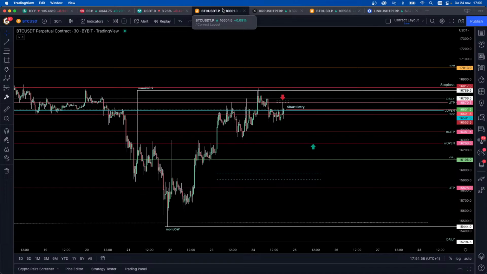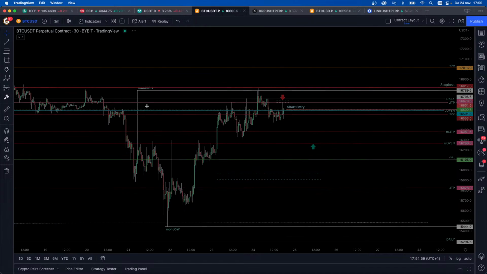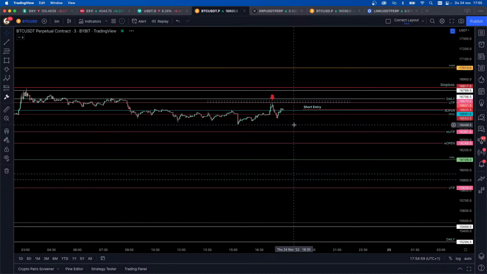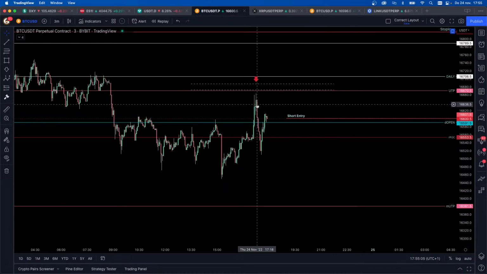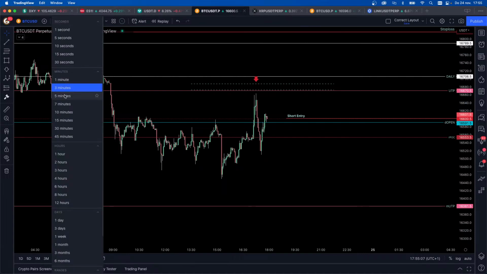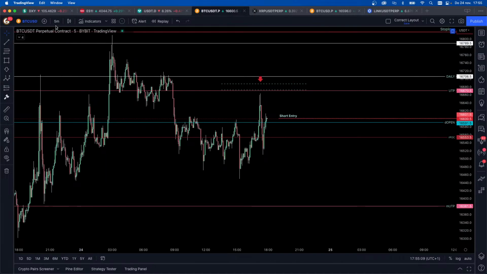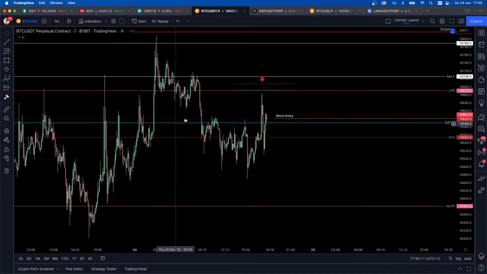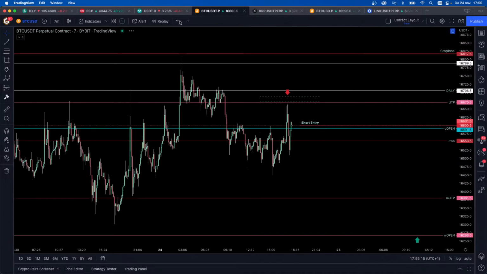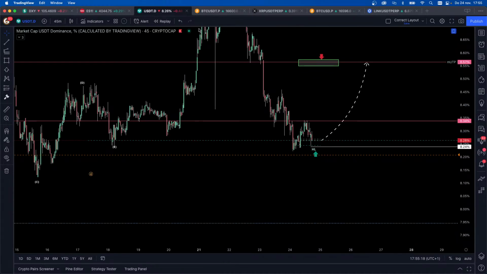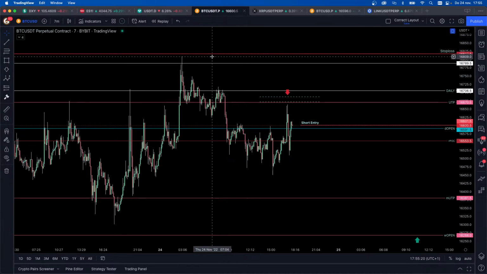I think I'm just going to close my short at break even here because I can't really tell. So it's better to just wait out and wait for USDT to give a clear sign.